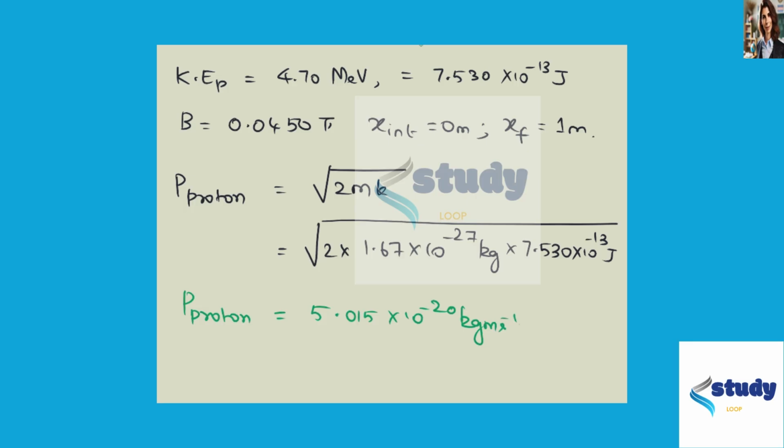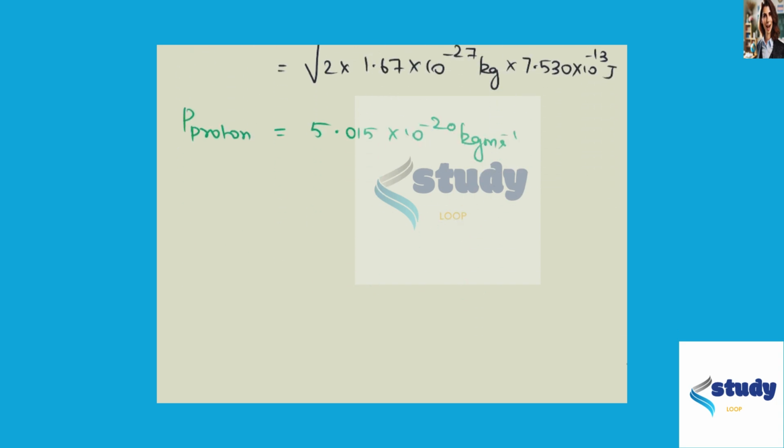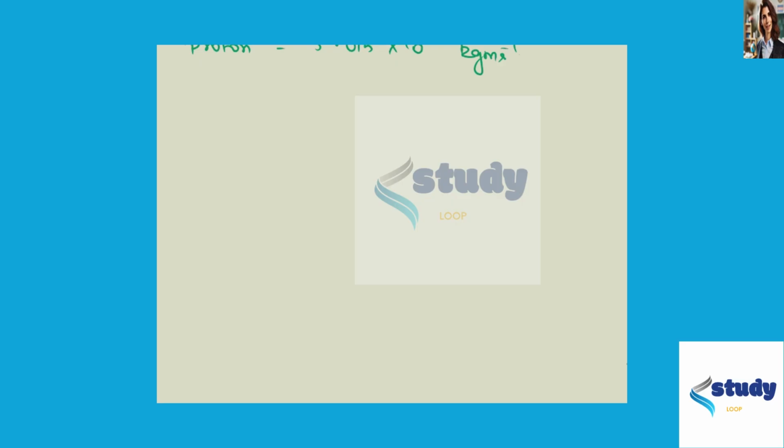Now we can calculate the y component of the momentum of the proton. Py is equal to P sine alpha.